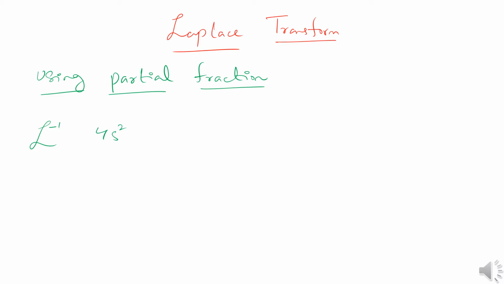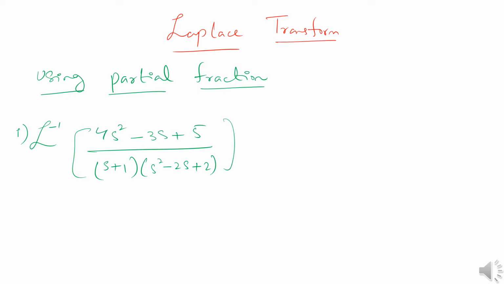Say that I have to find the inverse transform of 4s squared minus 3s plus 5, divided by (s plus 1) multiplied by (s squared minus 2s plus 2). Now we know that for partial fractions we have to break the function into parts.